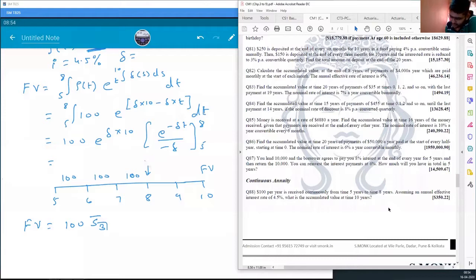So I'll have to accumulate it for 2 more years, so I'll multiply by 1 plus i raised to 2, because future value or present value is always at the end of the annuity. So this is much easier than doing the integration.